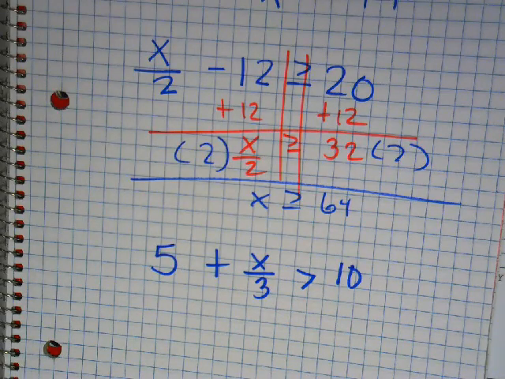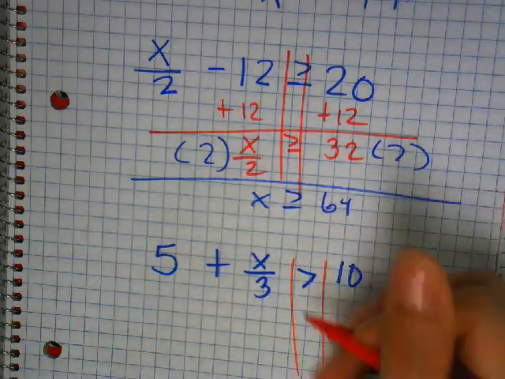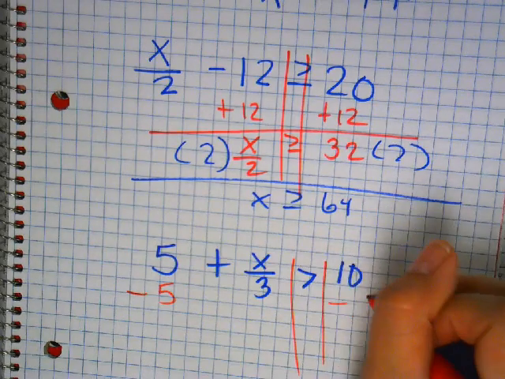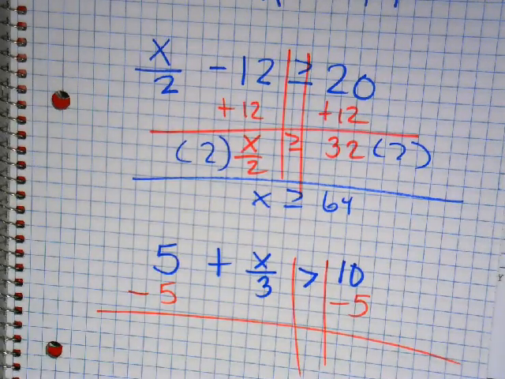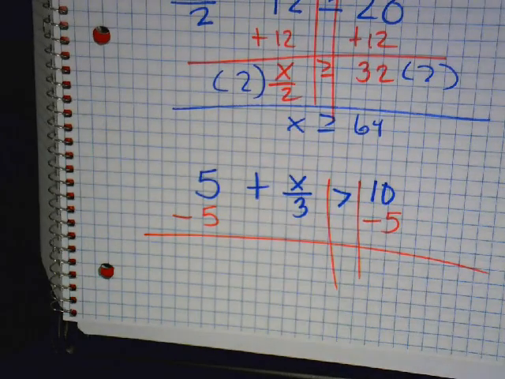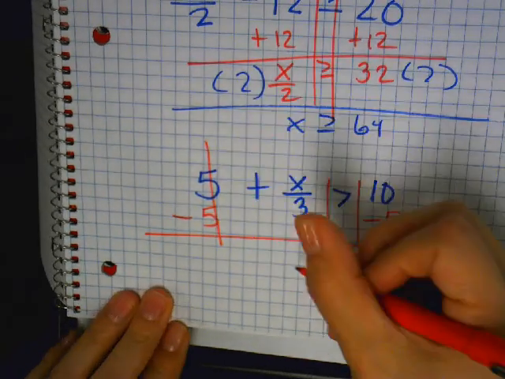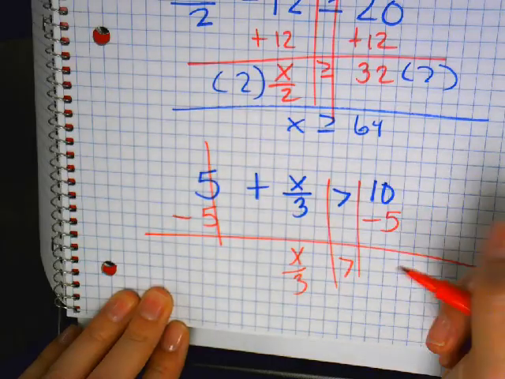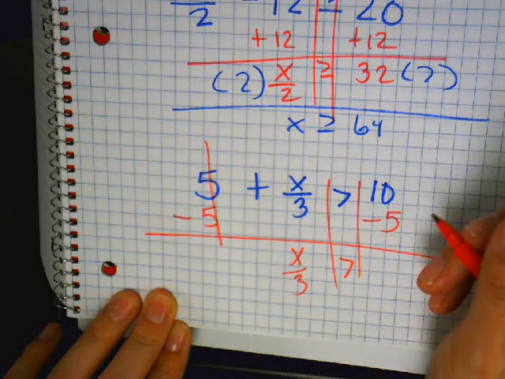I'm going to move the 5 first. How do I move the 5? Minus 5. Ten minus 5?